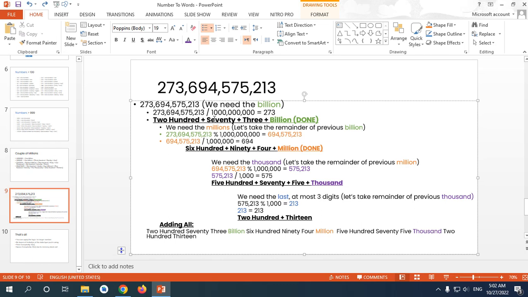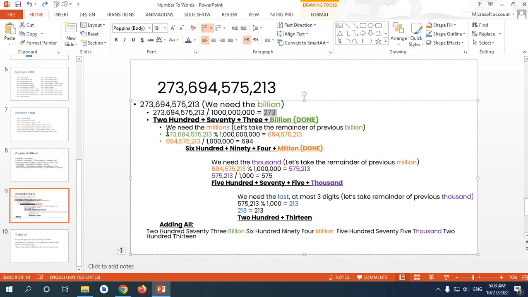So in order to make this step, first of all we calculated the billion by dividing by 1 billion, which resulted in our 273, which we handled like the 3 normal digit cases. Now we need the million. How can we find the 3 digits needed for the million? We just take the remaining of the billion result, which is 273. We just want to ignore this 273, so we can use the remainder operator.